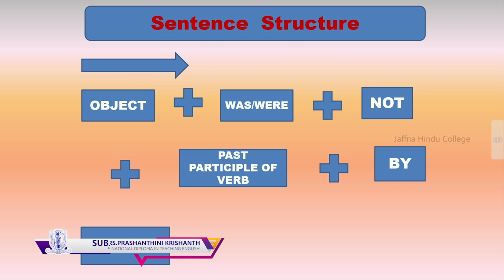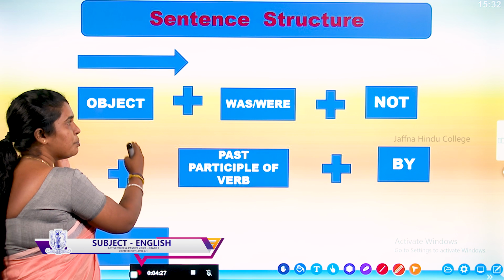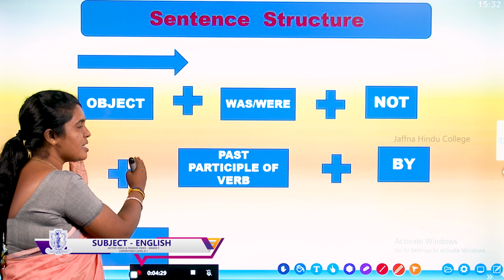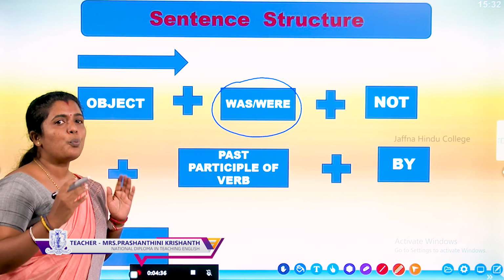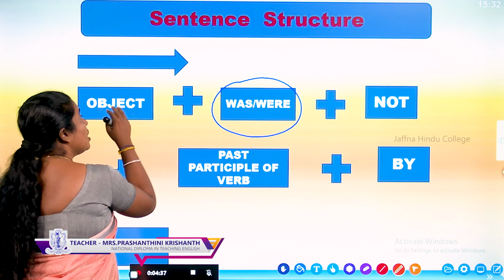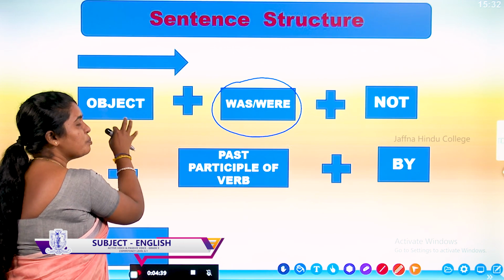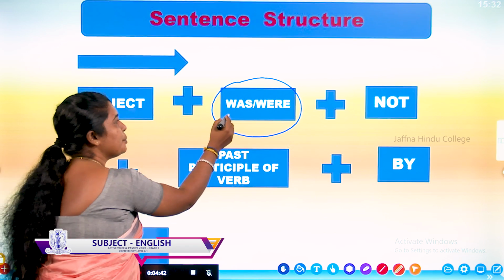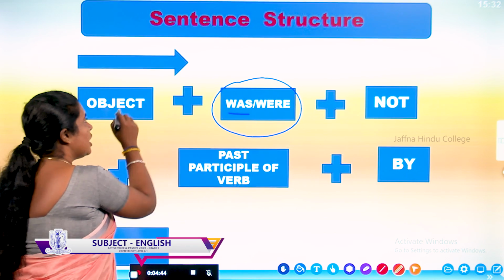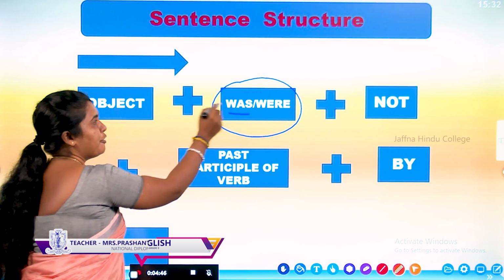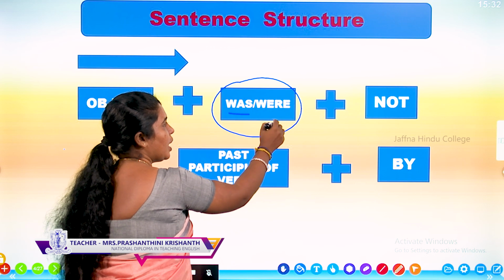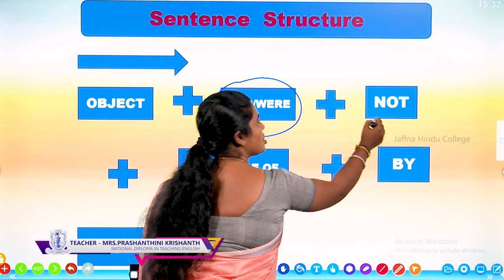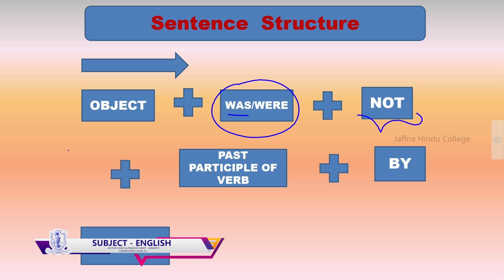Right. Now look at the sentence structure. Object, you have to put first. Then was or were. You have to decide was or were. It depends on the object, right? If the object is singular, you have to use was. If this is plural, you have to use were, right? So was or were, and you have to add not, because this is negative.